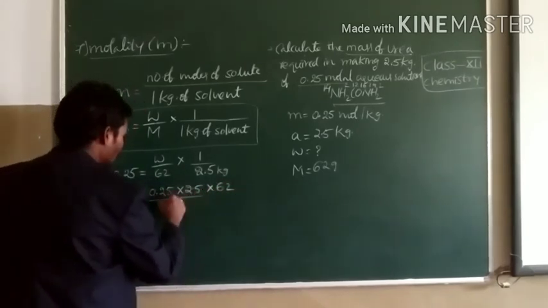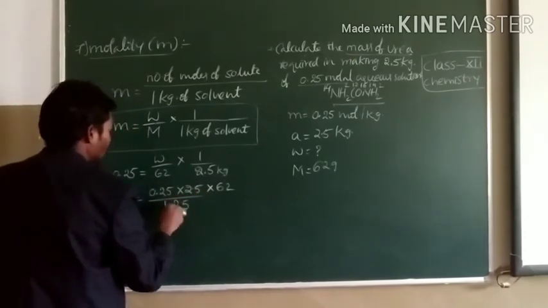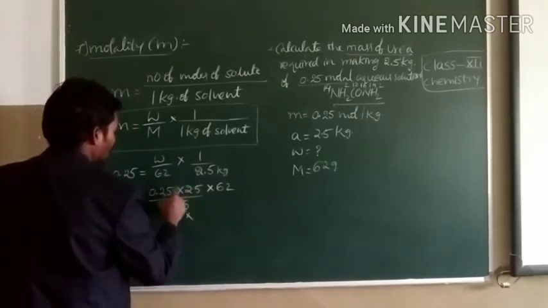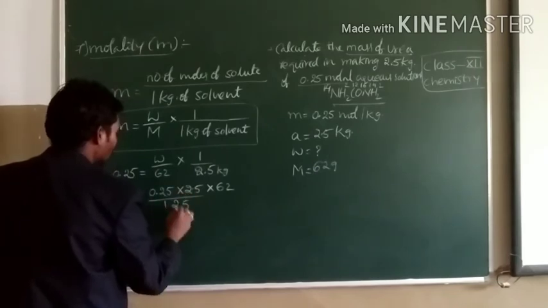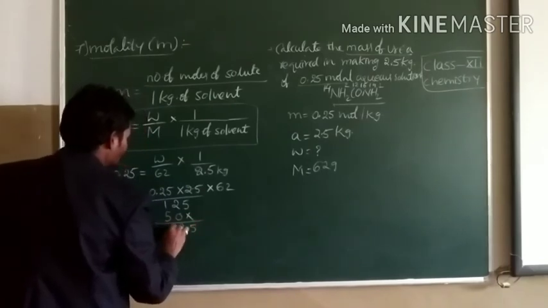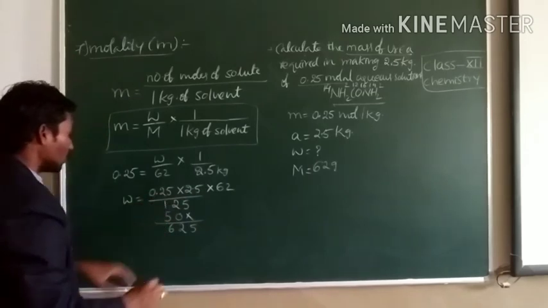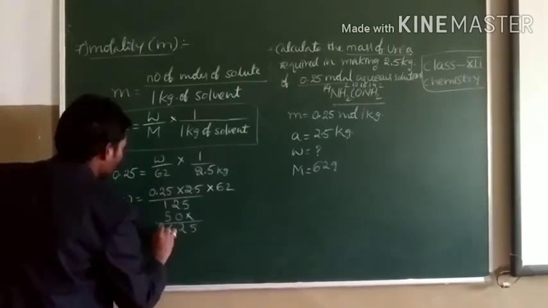5 5s are 25. 2 5s are 10 plus 2 is 12. Next, 2 5s are 10. 1 2 2s are 4. 1 plus 5 is 6. Here 1, here 2, so out of 3 decimals, 0.625.